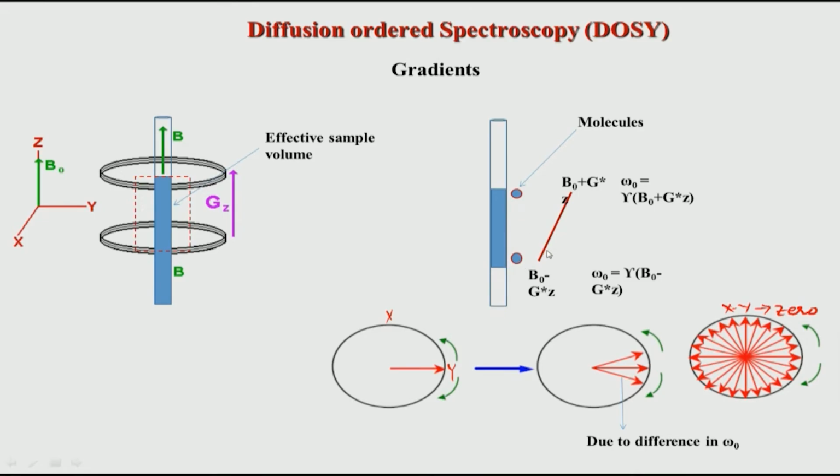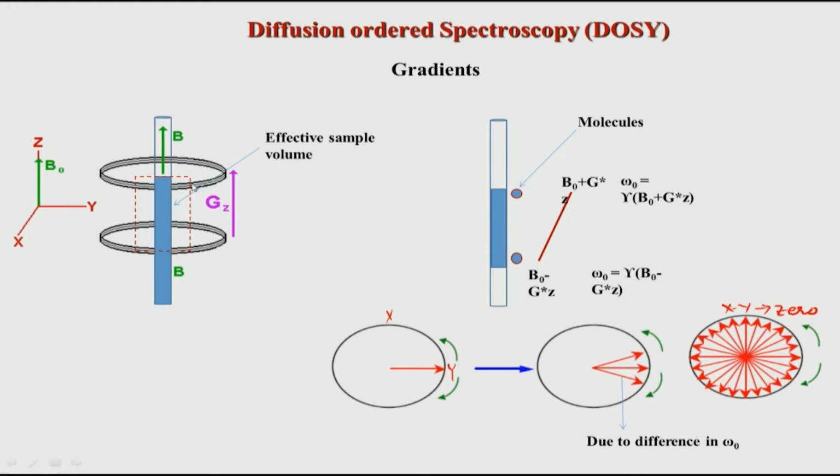Now, when I apply this gradient, it experiences a different magnetic field. The molecule sitting here experiences B0 plus a certain field which depends on its z axis coordinate, meaning how far it is from the center. The one at the bottom experiences B0 minus the gradient times this coordinate, because the bottom coil carries current opposite in direction compared to the top.